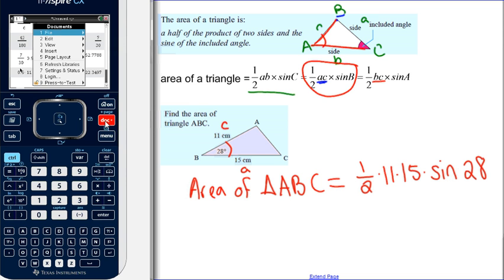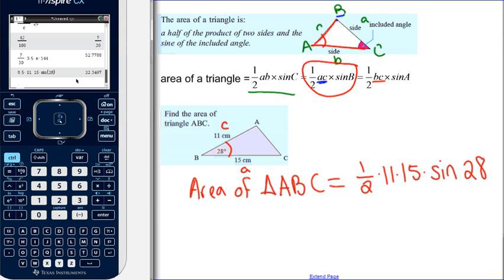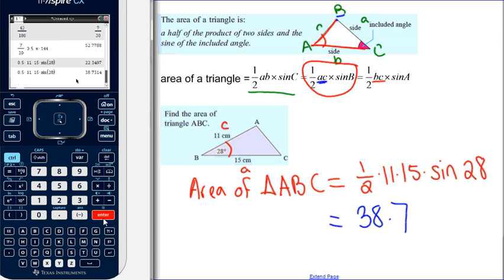I should probably check that my calculator is in, no. So make sure your calculator is in degrees. Sorry. Okay, so actually it's 38.7 is our correct answer. My calculator was in radians. Okay, so 38.7 centimeters squared is the area of this triangle.